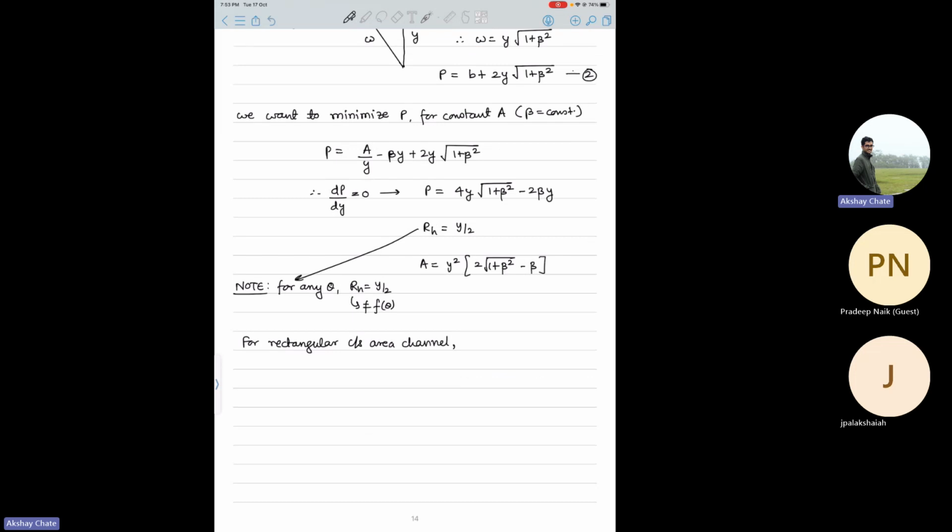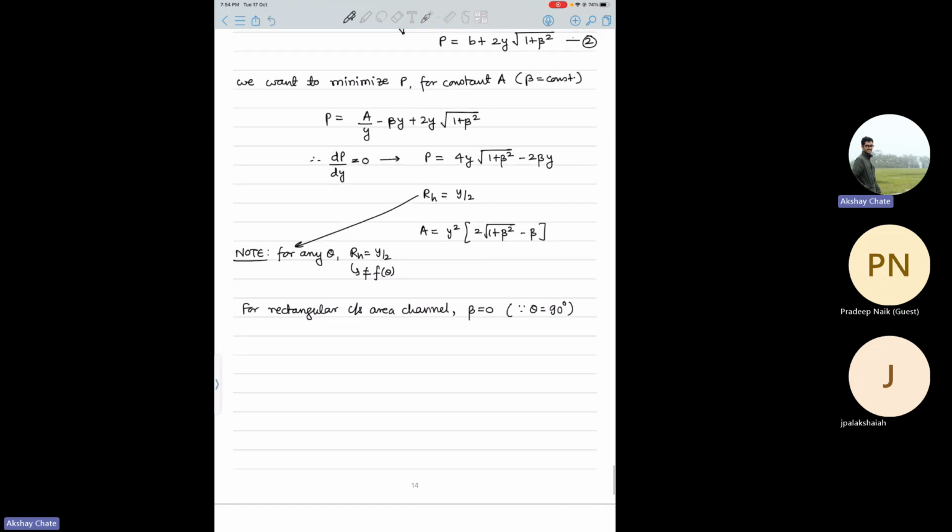So this beta will be 0 for a rectangular channel. Is RH a function of theta? No, RH is not a function of theta, because in the RH formula you don't get any beta term. In perimeter and area you have these beta terms, but for RH you have only y. So RH is only a function of depth, and it will be half for an efficient channel.